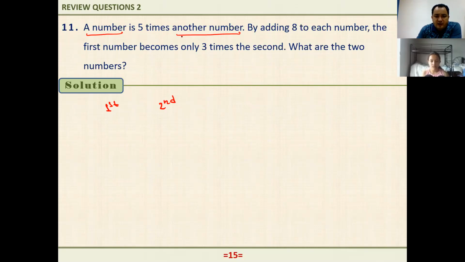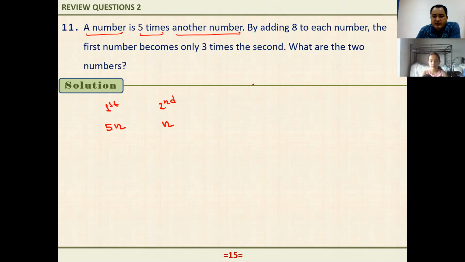A number is 5 times another number, so the first number is bigger than this, right? So let's say the second number is n. So what must be the first number? 5n, because it says 5 times. If the second number is n, the first number must be 5n because it says a number is 5 times another number. So the first number is 5n.